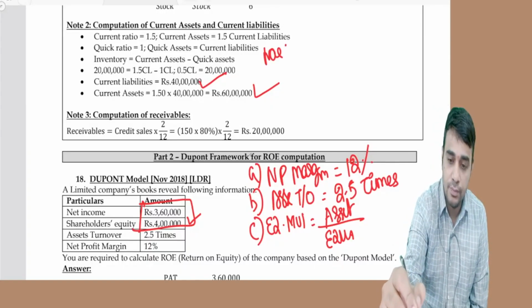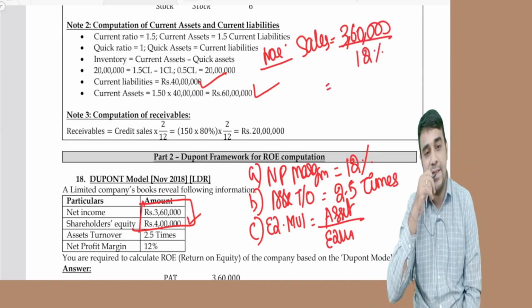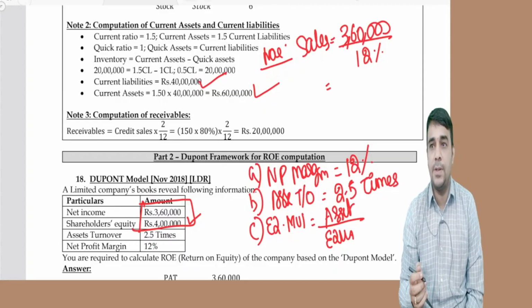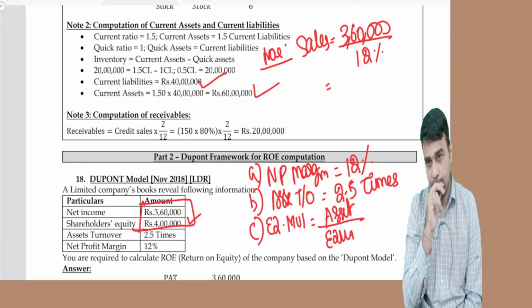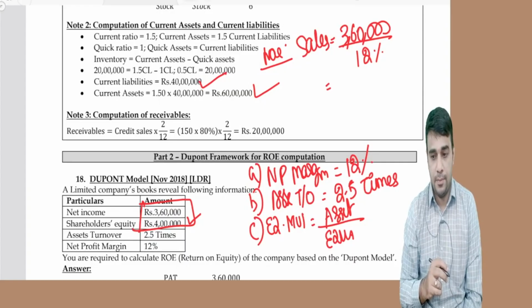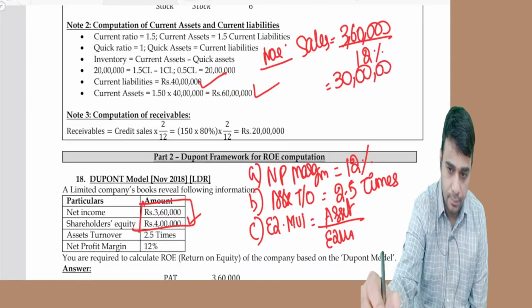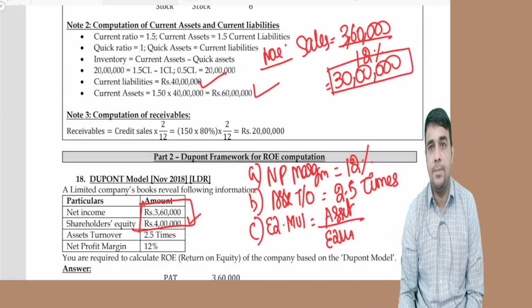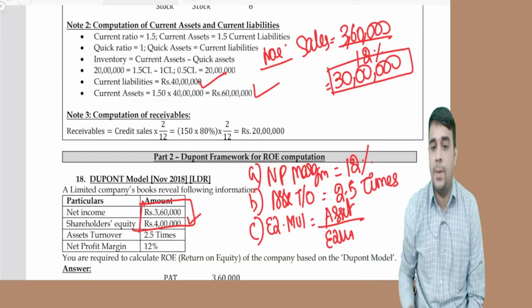Come down, note and then do. Sales equal to 360 by 12%. 360 divided by 12%.